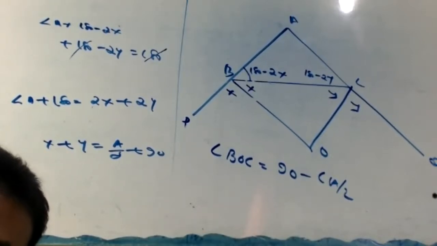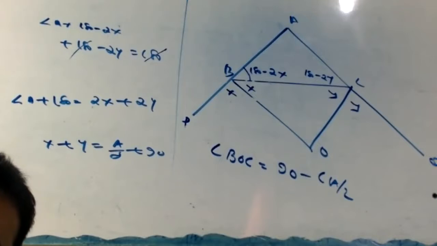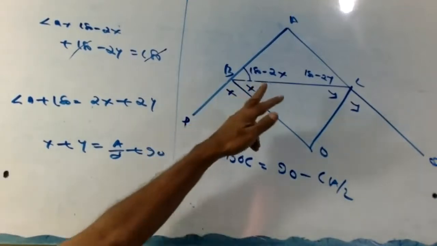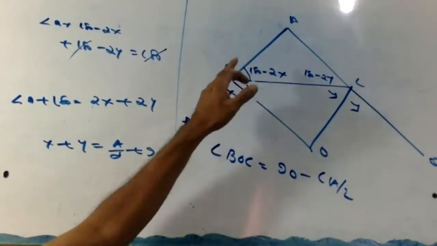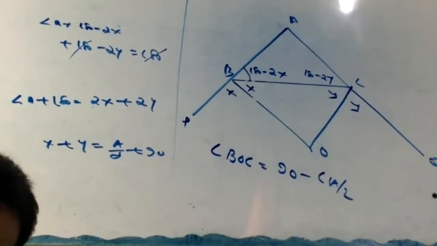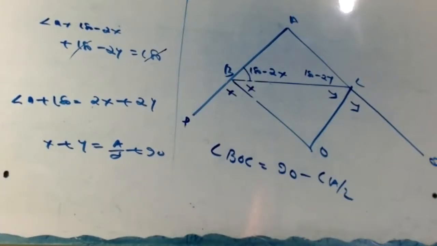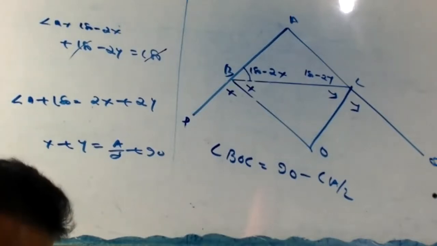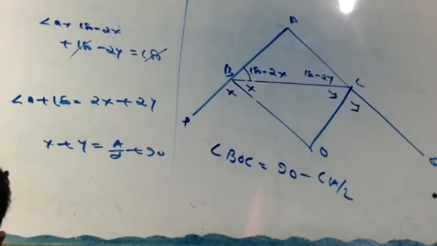Angle sum property of a triangle. Listen, in triangle ABC, angle A plus angle ABC plus angle ACB 180 degree. Angle sum property of a triangle.